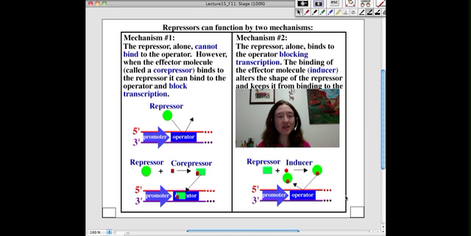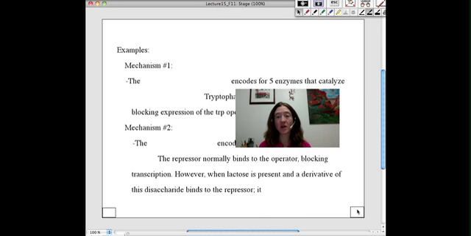Okay, so these are the two mechanisms, and I want to end today by looking at a couple of examples of those two mechanisms. We'll begin by looking at the TRP operon, which is the operon that allows for expression of genes that synthesize and build tryptophan. It's a 5-gene operon, so we're going to write it out, showing the coding and template strands of DNA.